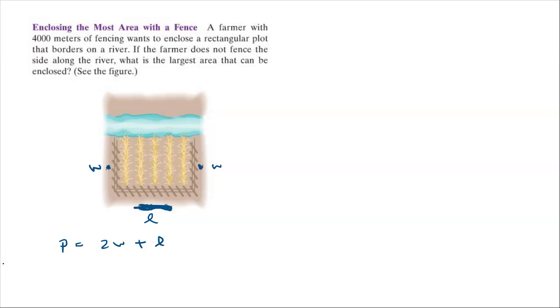Yes. It's telling us we can use 4,000 meters of fencing. So we're going to replace P with 4,000, which gives us 4,000 equals 2W plus L.